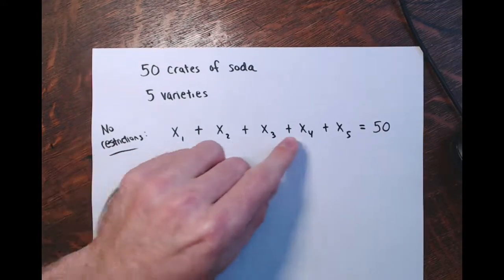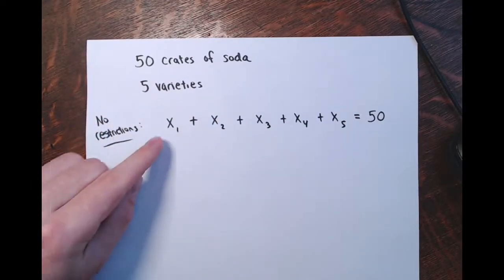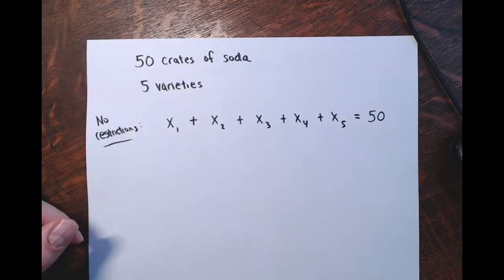And each one of these can be 0 up to 50, as long as they add up to 50.